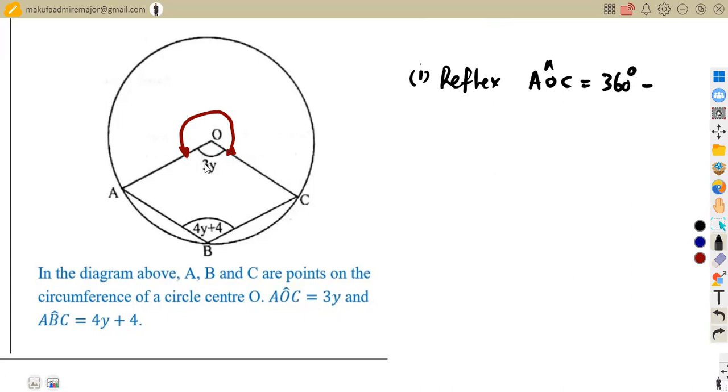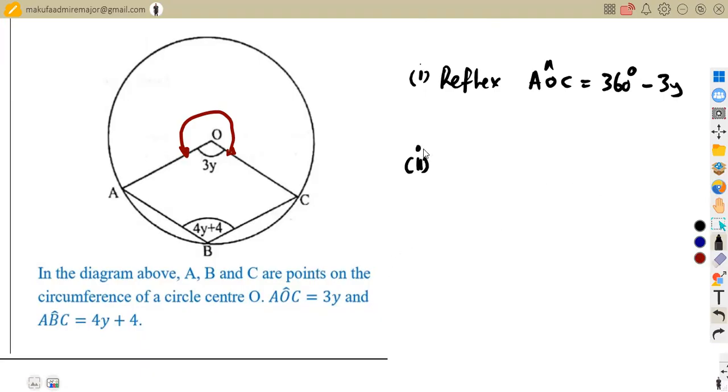If this angle was 130, we would say 360 minus 130. If this angle was 150, 360 minus 150. But this angle is given as 3y, so it's going to be 360 degrees minus 3y. So that is an expression for reflex AOC in terms of y.